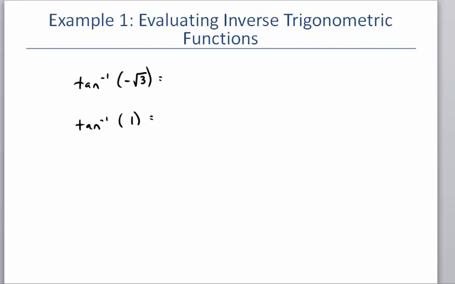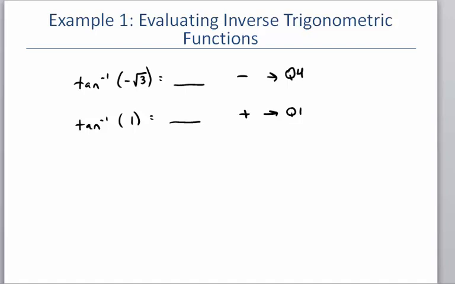We'll just do a couple here. Again, the first one has a negative value, meaning that we need to be in quadrant 4. The second one has a positive value of 1, which means that our angle should lie in quadrant 1. So our restrictions and quadrants are exactly the same as what we did for the sine function.